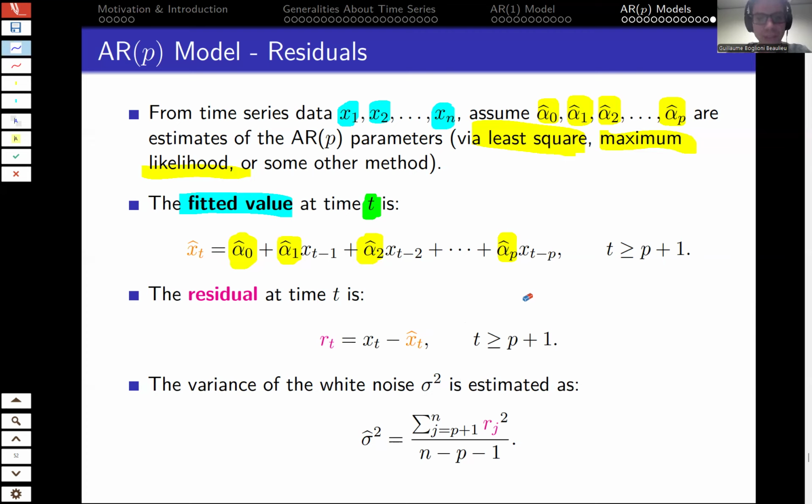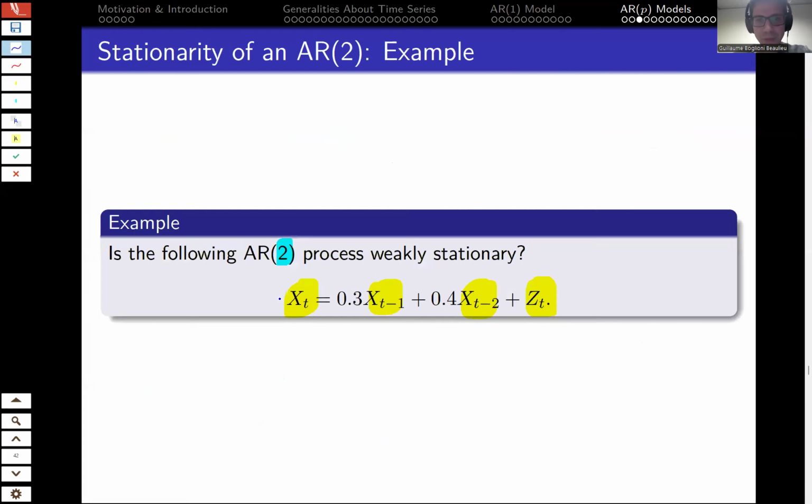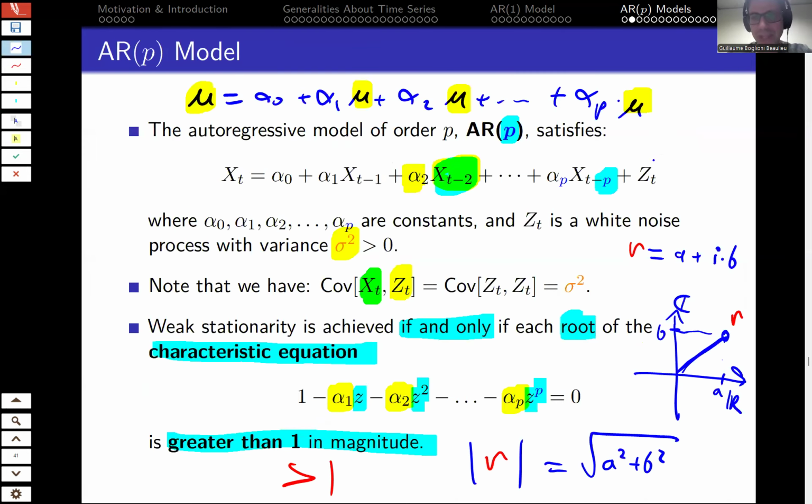By the way, an alternative notation for rt, which I denoted for residual, is zt hat. By z, I mean the z that is here, because this is what you're trying to estimate. And maybe this is something we need to say: the z here, we never observe them. Like the errors in a linear regression, you don't observe them.